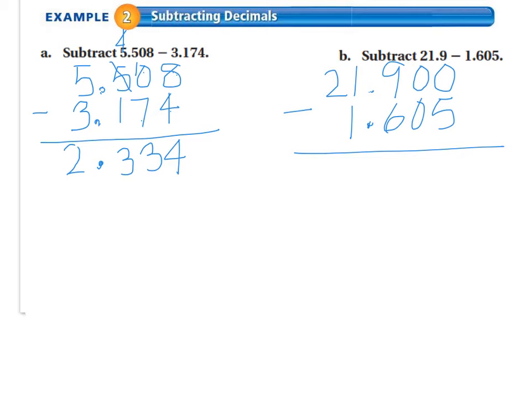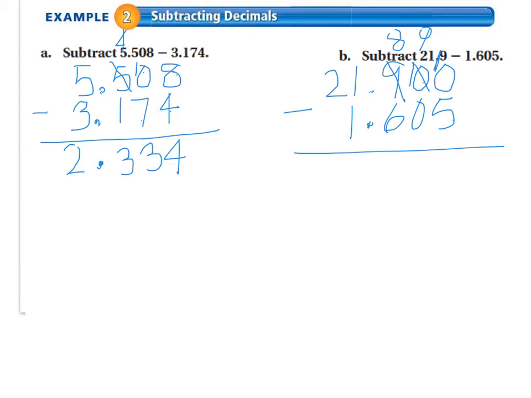0 minus 5, I'm going to need to regroup. There's nothing here, so I need to go all the way over to here and take one out of there. That makes us to have 10 hundredths. And then I can take one of those out and transfer it to the thousandths place.